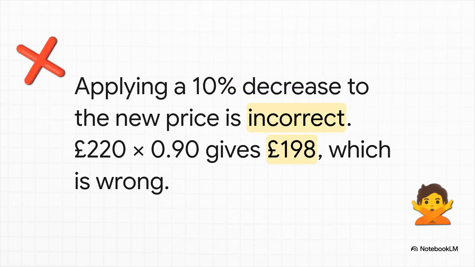Now here is the trap. This is the one that almost everyone falls into. Your brain just wants to take 10% off the new price. But if you do that, you get 198 pounds, which is wrong. Why? Because that 10% was added to the original price, not the new one. You can't just undo it by working from the final number.